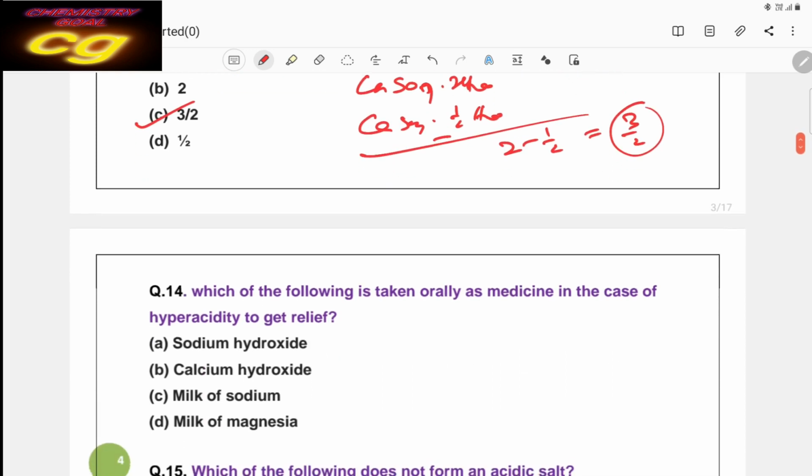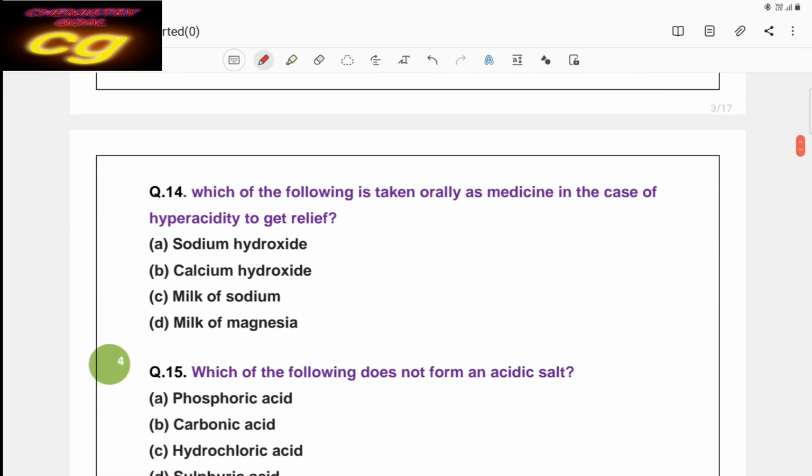Okay, then question number 14. Which of the following is taken orally as medicine in case of hyperacidity to get relief? Hyperacidity means more HCl is produced in the stomach, so it is neutralized by a weak base, that is an antacid, mainly milk of magnesia.